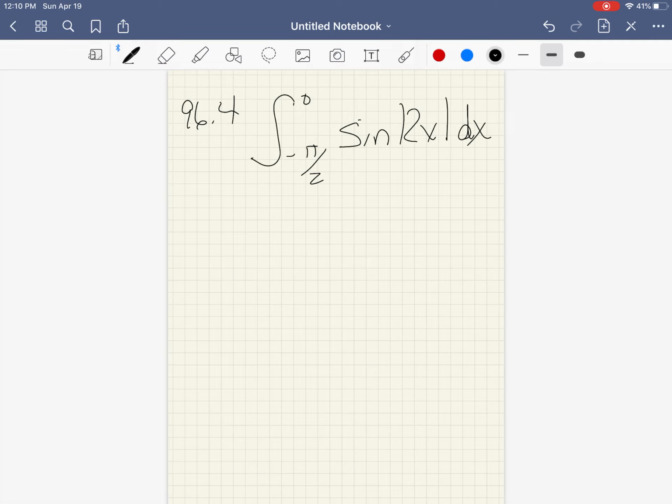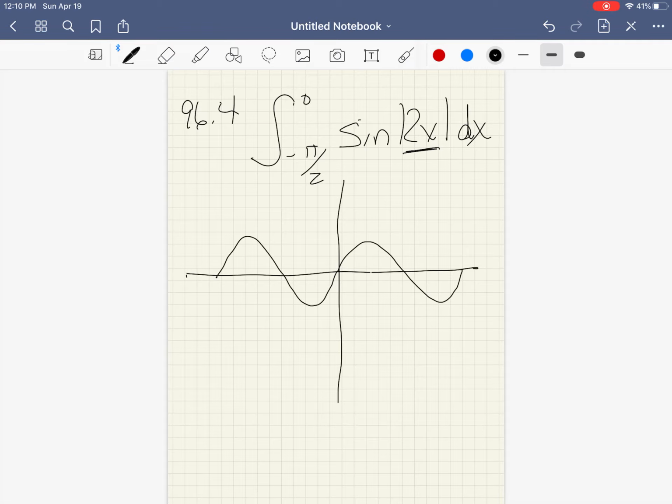All right, well, let's look at the graph of this. It's sine of 2x, not just sine of x. Ordinarily it would be up, down, whatever, and keeps going. And back here, since we're at -pi/2, it'd be like this.